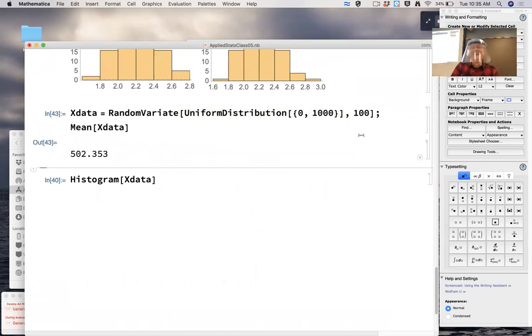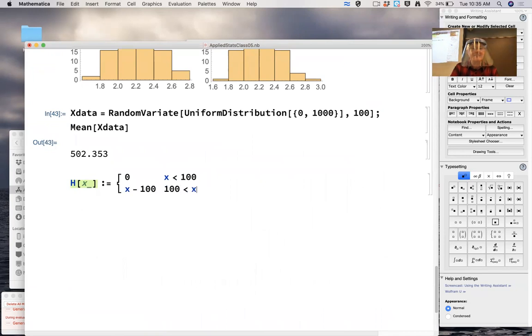There we go. If I do a piecewise function in Mathematica like this, can I apply that function to the x data?